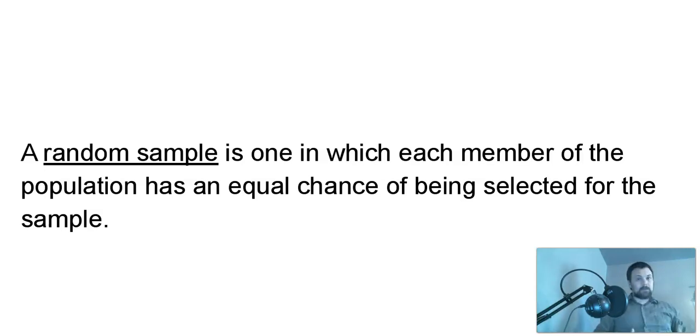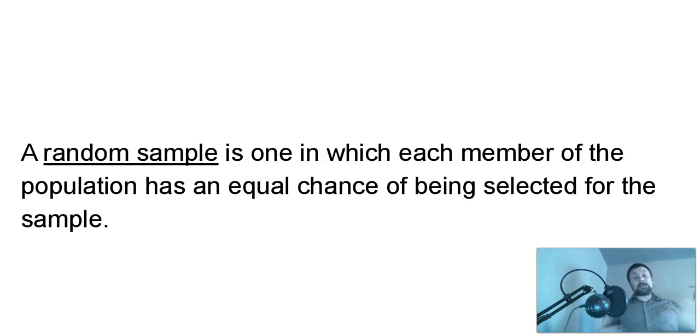That makes it a random sample. It doesn't mean arbitrary. Sometimes I think students think that if I just pick this person over here and this person over here in some arbitrary way, that it makes it random, but it may not necessarily be random just because you did it using some arbitrary rule.